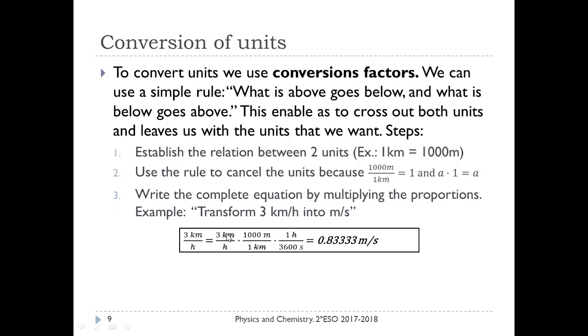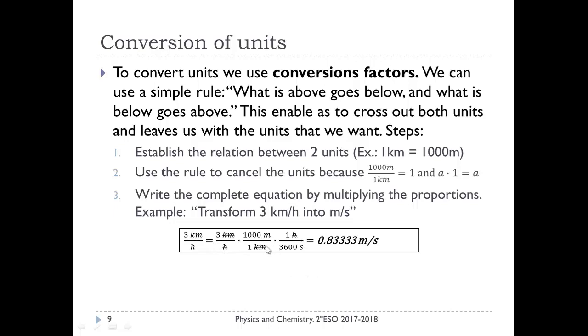As you can see, this kilometer with this kilometer is going to go, and this hour with this hour is going to go, leaving us with meters and seconds. So remember the rule here: what is above, the kilometers, has to be written below, and what is below, the hours in this case, has to go above.